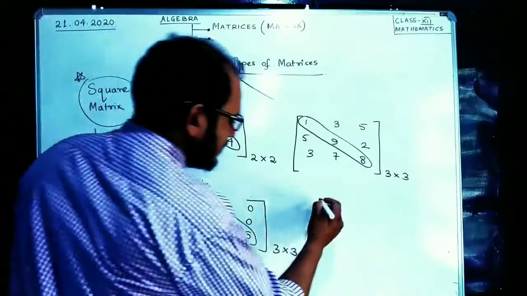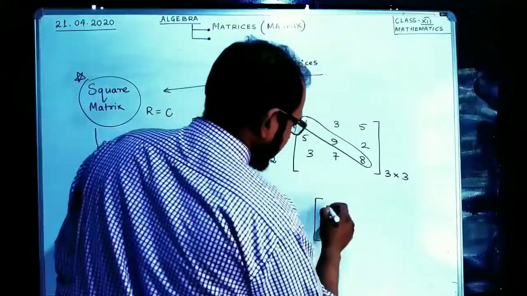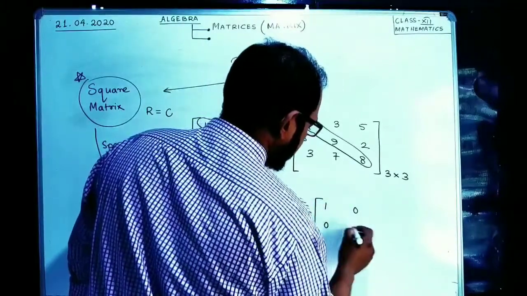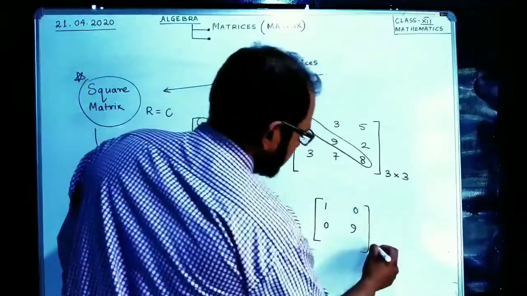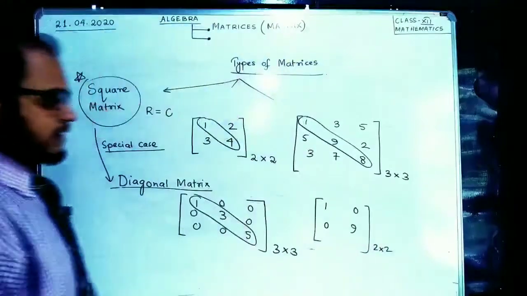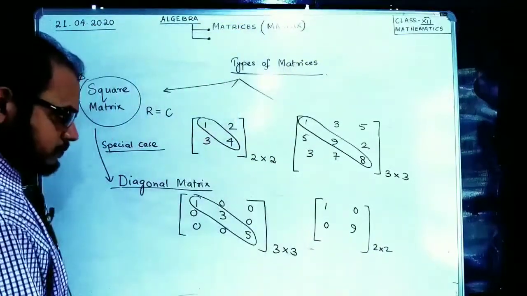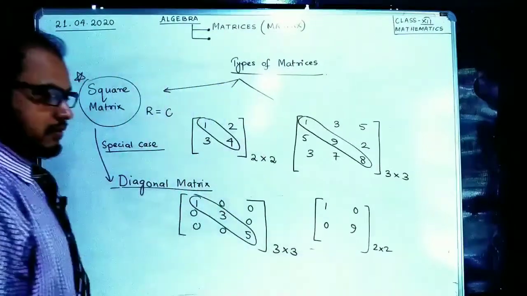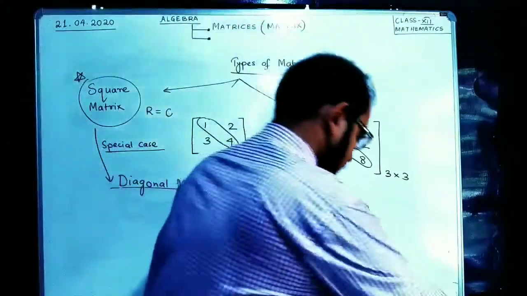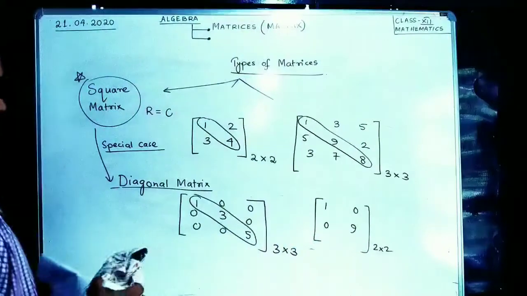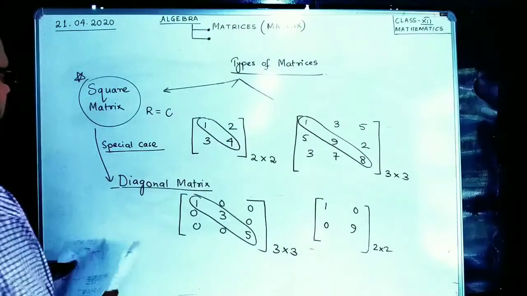Another example of a diagonal matrix is 1 0 0 9. This is a 2 by 2 diagonal matrix. Similarly, I can go for other order diagonal matrices. Now in a diagonal matrix there is a special type.